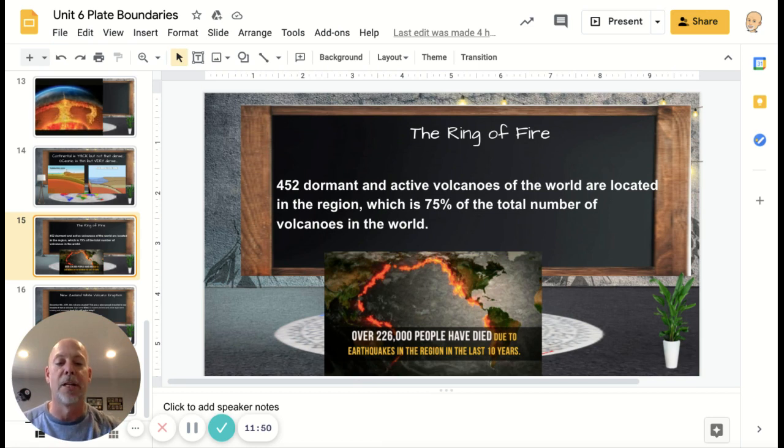So this Ring of Fire is where 75% of all dormant and active volcanoes reside. So, question is, what's the percentage of the total number of volcanoes of the world that are located in the Ring of Fire?